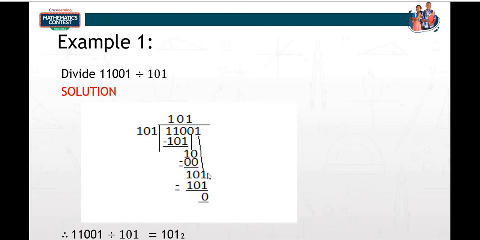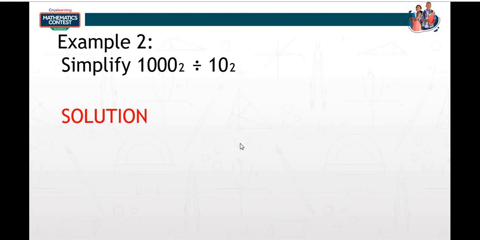So we'll now bring down this, and then subtract this, and we have 101, 101, 101. If we divide again now, this is the same number dividing itself, and it's 1. So multiply, we have 1, and then we subtract, we have 0. So we have our answer as 101.